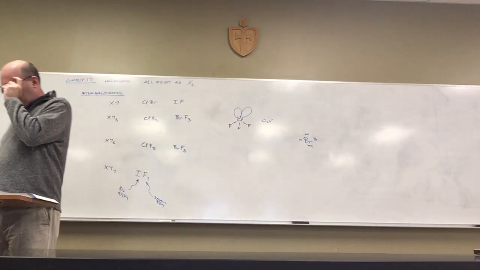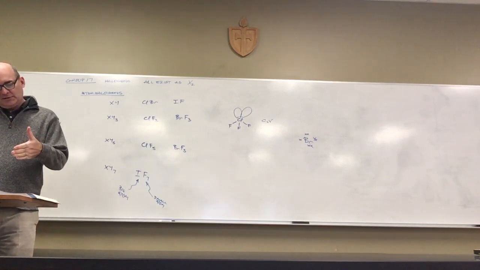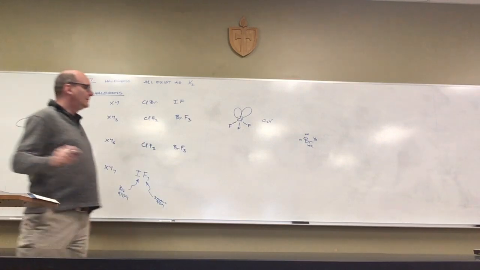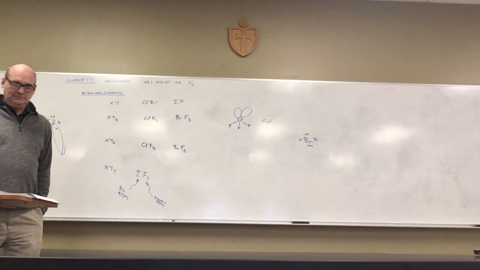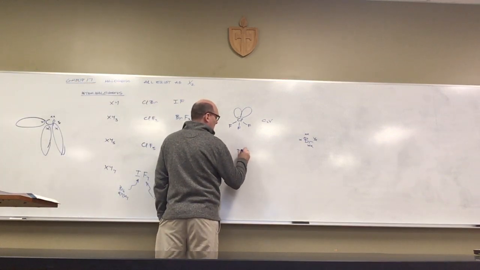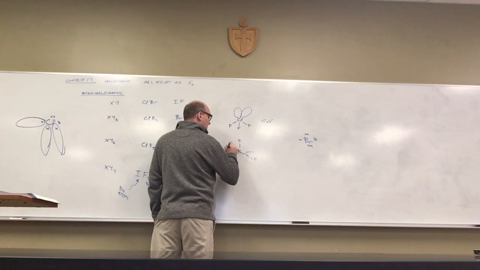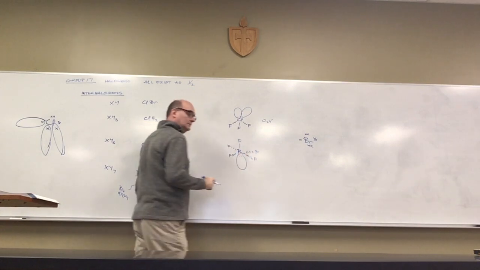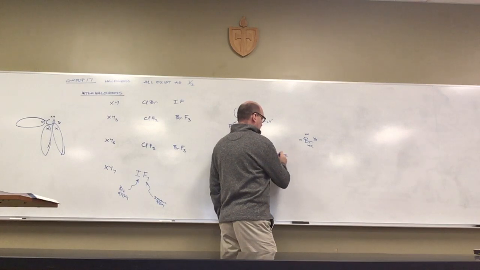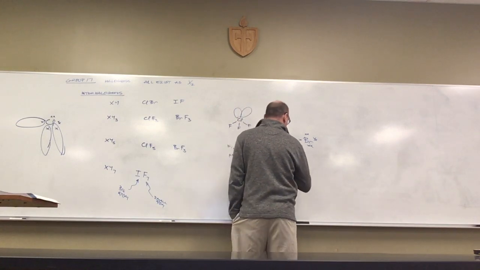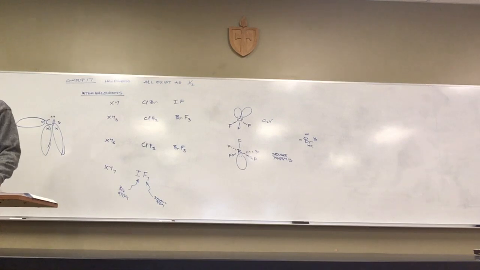I think that's right. The square pyramid. What's the point group for a square pyramid?